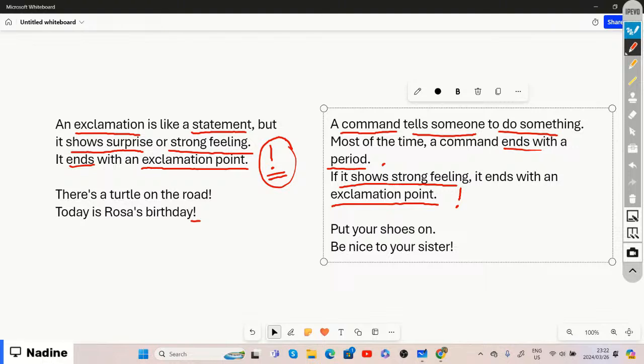And that ends with an exclamation, right? So if your parent is commanding you because now they are angry, if you were supposed to do dishes and you did not do dishes, and now your parent comes home and they're like, you better go and do dishes, right? That can also show strong feelings, and it ends with an exclamation point, right?